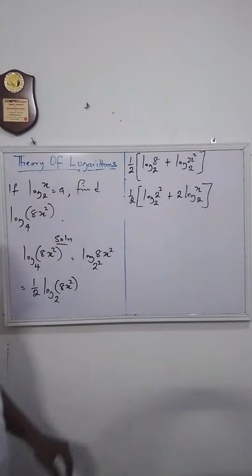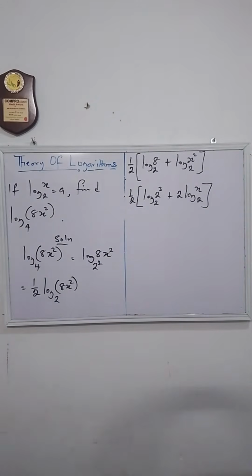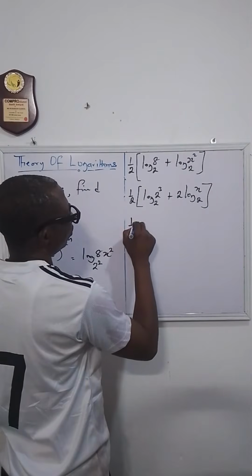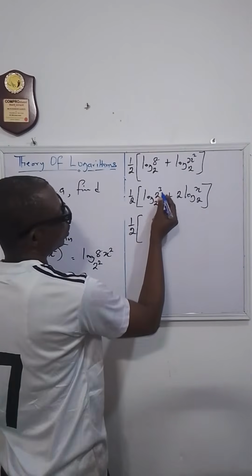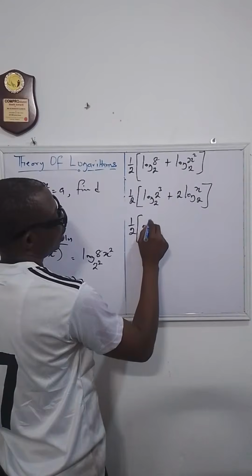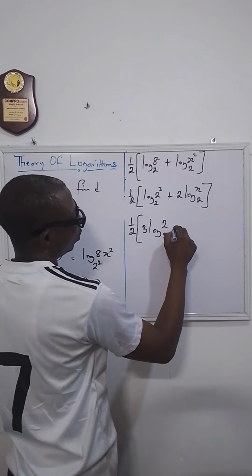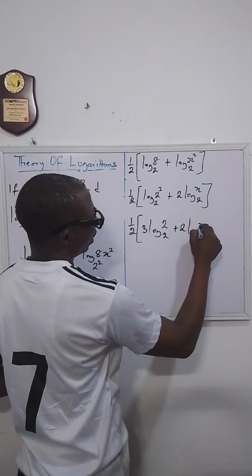Okay, I want to check if anyone has the answer already. Okay, nobody yet. All right, so we have 1 over 2. So this comes to this side. We have 3 log of 2 base 2, plus 2 log x base 2.